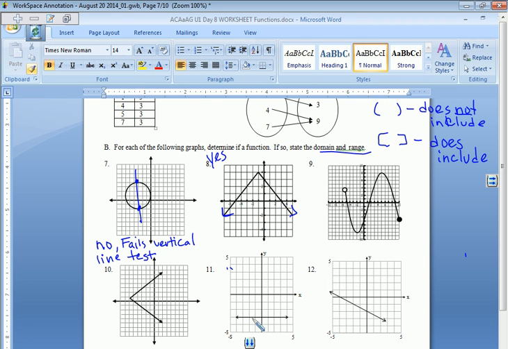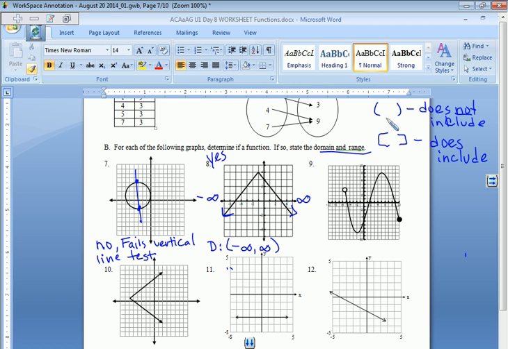What concept do we use in mathematics to talk about forever? Infinity. Okay? So this function, forever left, we describe as negative infinity. And forever right we describe as positive infinity. So the domain of this function goes from negative infinity to positive infinity.